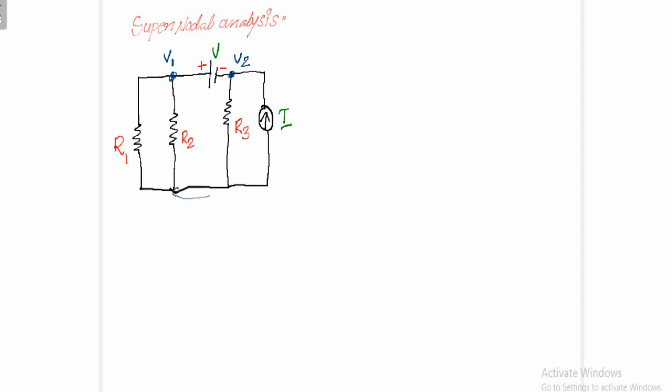For this common node we are considering this is a reference node, where more number of branches are connected. For this reference node the potential, the voltage, is 0. So in the circuit we are having two nodes V1, V2.